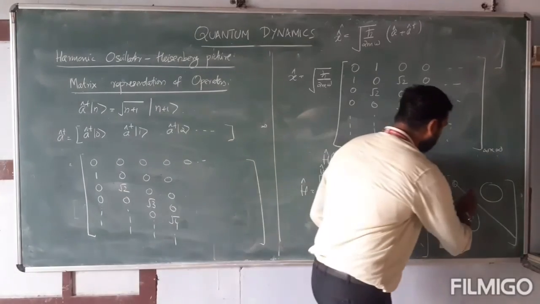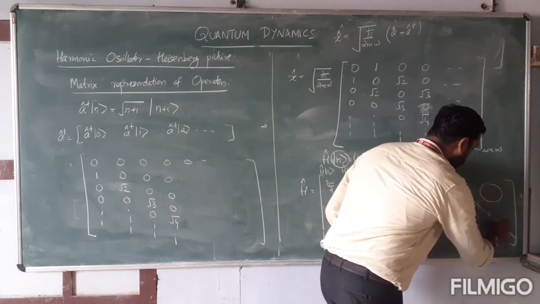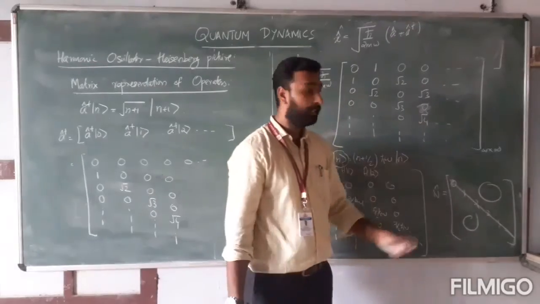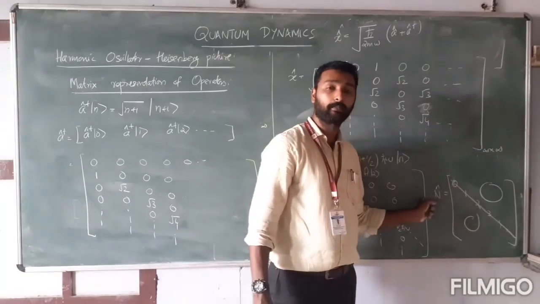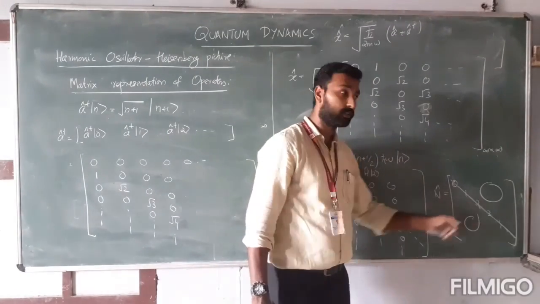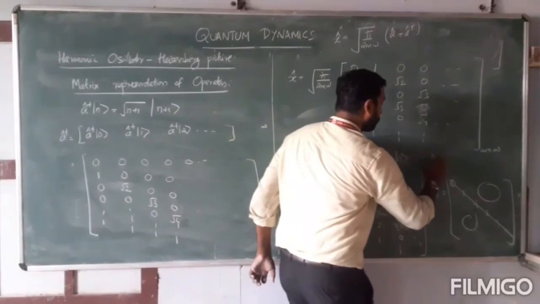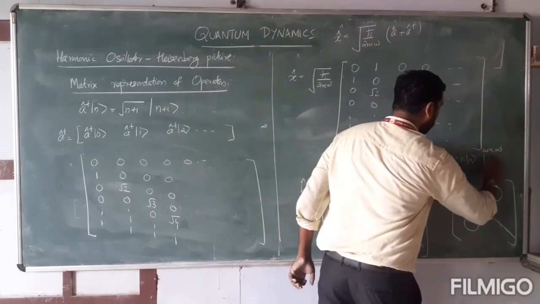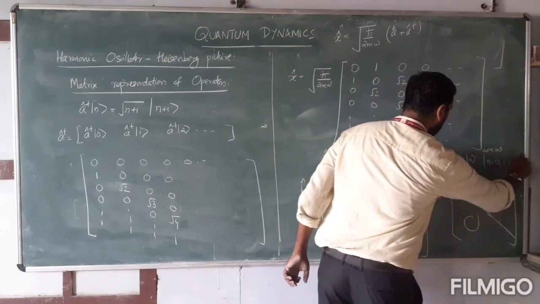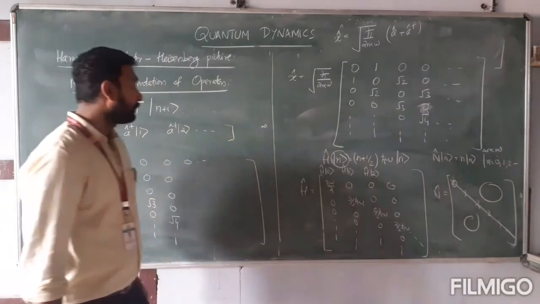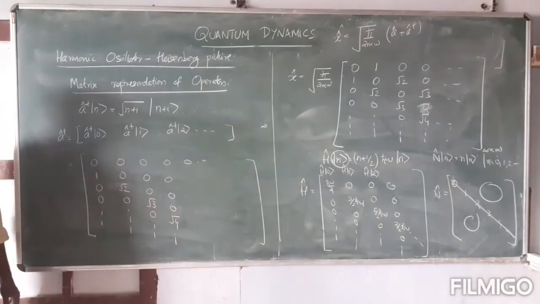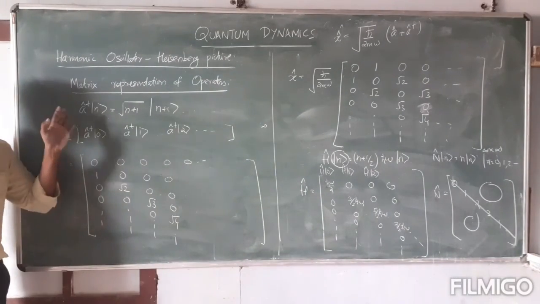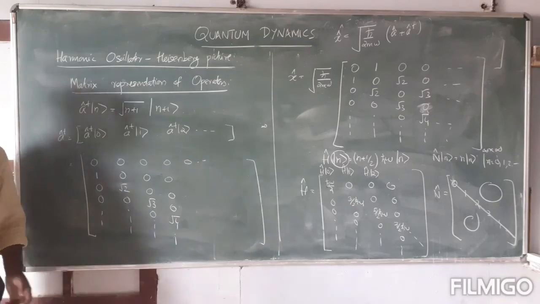Then next is 1, 2, 3, 4, etc. Those are the possible eigenvalues for the number operator: n acting on ket n gives n, where n can be 0, 1, 2, 3. So that's it. And with this, we have completed the discussion of the matrix representation of operators.